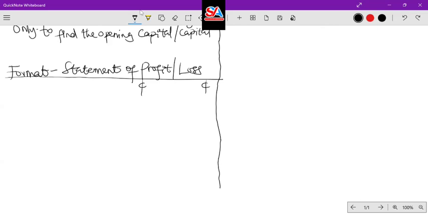We have the closing capital, then we have add drawings.